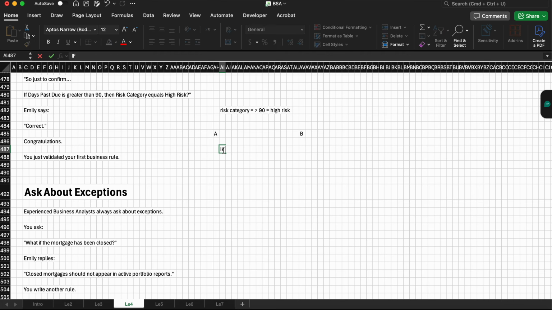A rule in coding is, you write if the past due is greater than or equal to 90, classify as high risk, and we have to give an else condition to the business logic too. Otherwise the code keeps looping in the same area and is going to crash.